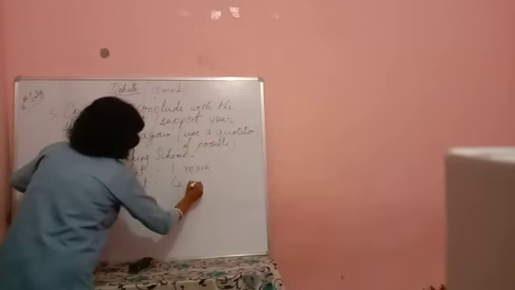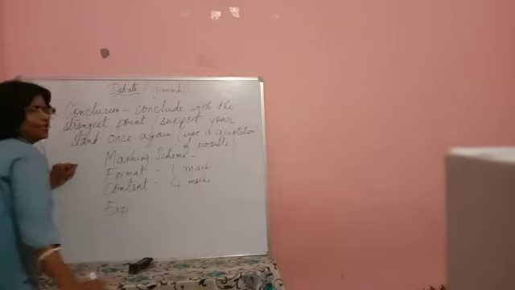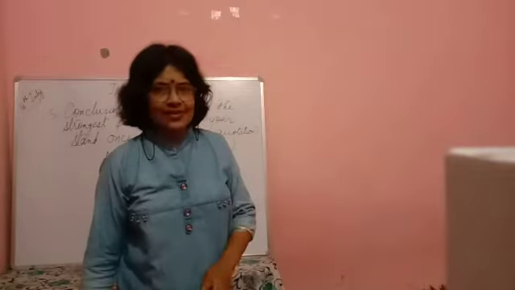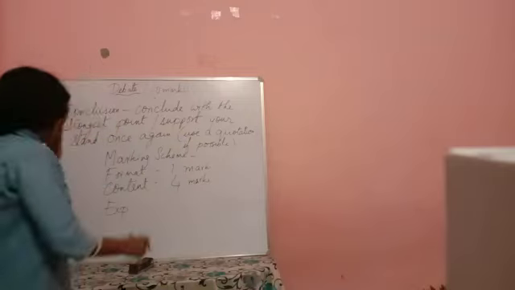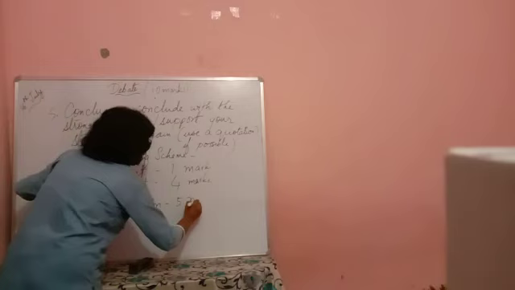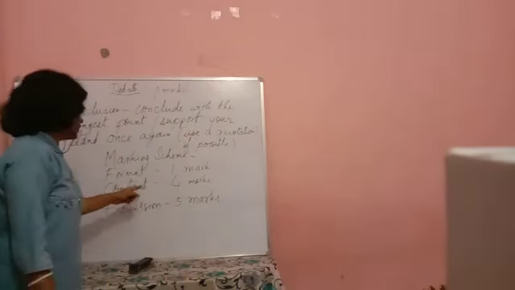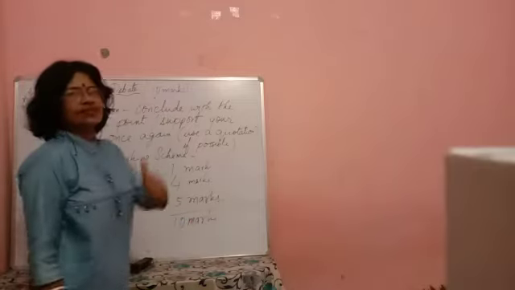And for expression, that includes your grammatical accuracy, coherence, fluency, the number of points that you are building, expression has got 5 marks. Grammatical accuracy and language has got 5 marks, content 4 marks, and that gives us 10 marks for debate writing. I believe everything is clear.